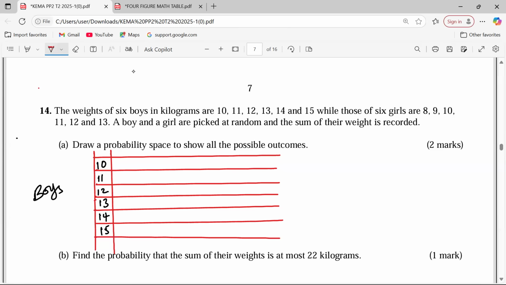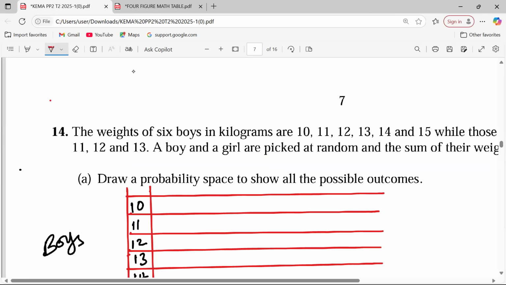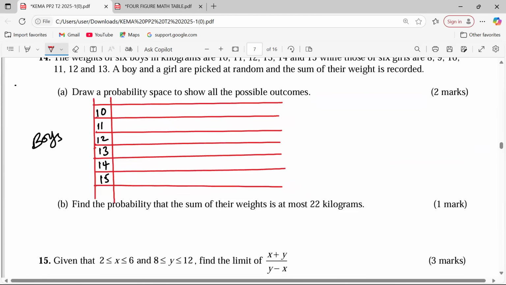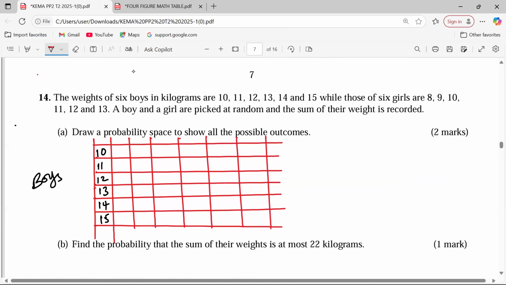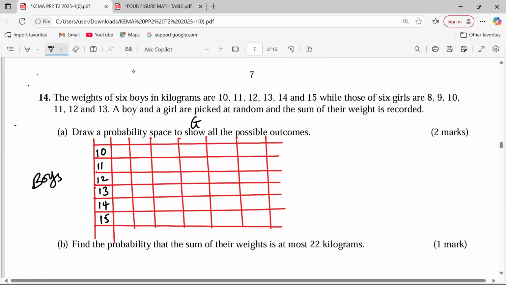Let's look at the girls now. The girls are also 6 girls. Let me do the columns for the girls. 1, 2, 3, 4, 5, 6. So here we can talk about the girls, the girl child.